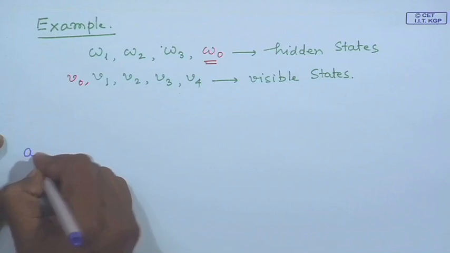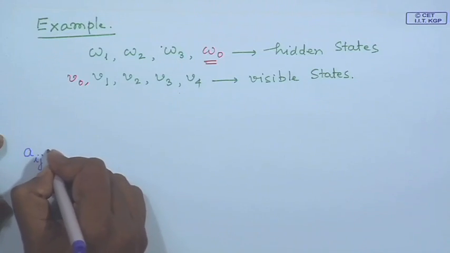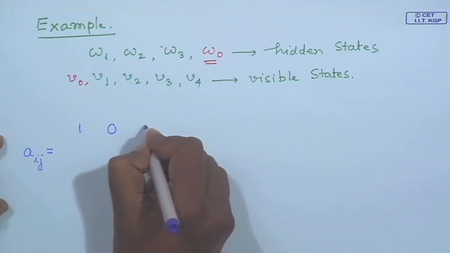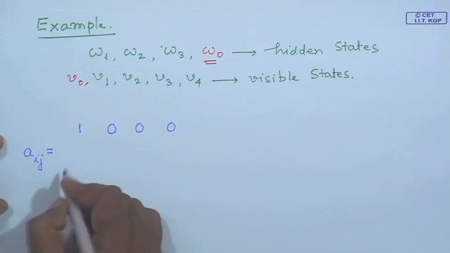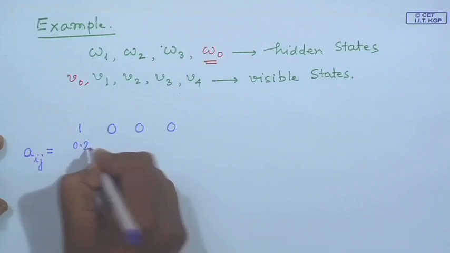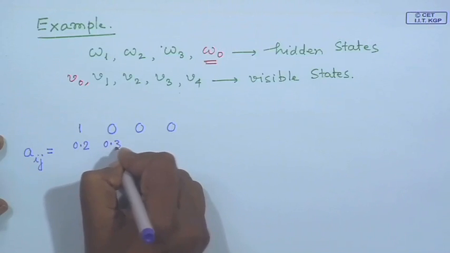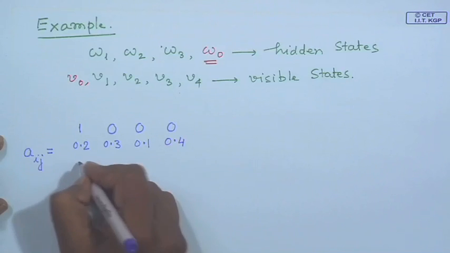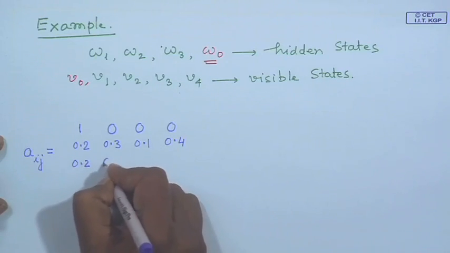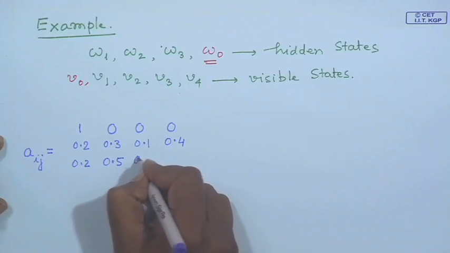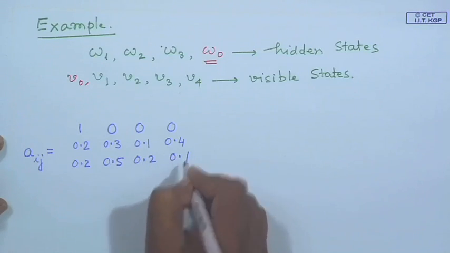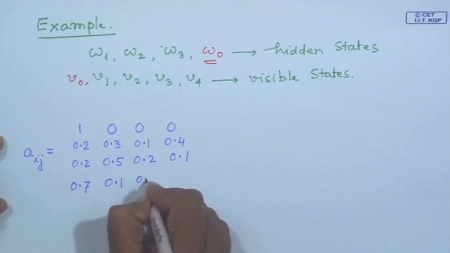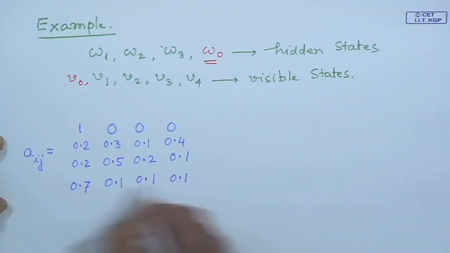So, let me assume that the A i j is specified as 1, 0, 0, 0, then say 0.2, 0.3, 0.1, 0.4, 0.2, 0.5, 0.2, 0.1, 0.7, 0.1, 0.1 and 0.1.